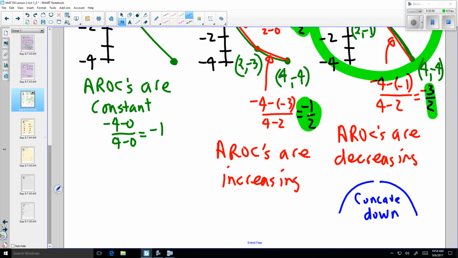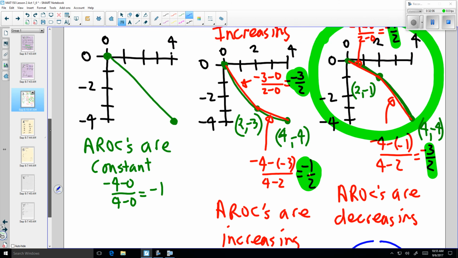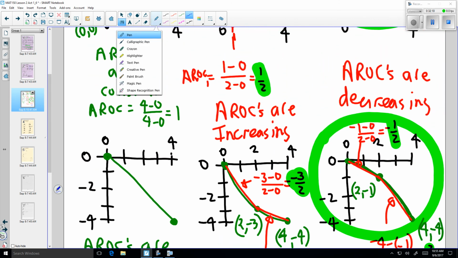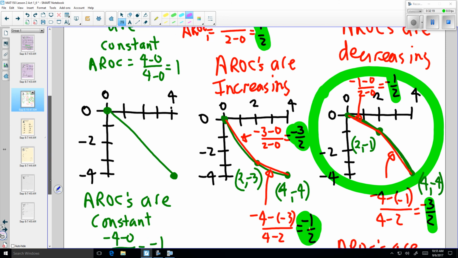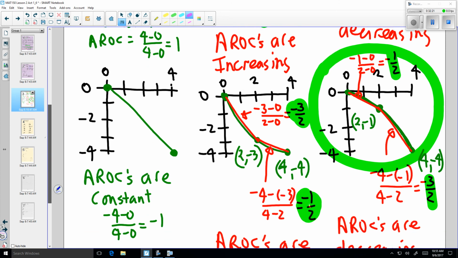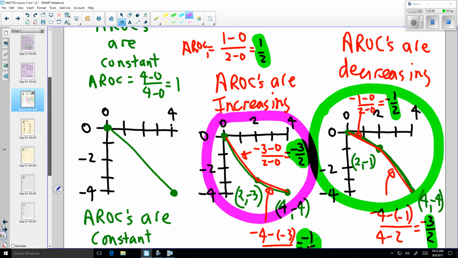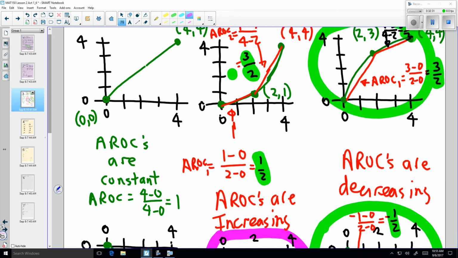And then the two scenarios that tie together for increasing AROCs, and I'll go ahead and change the color of my highlighter to make this stand out a little differently. It's the bottom one where we were decreasing at a decreasing rate, this one right here, and the one above it where we were increasing at an increasing rate, this one.